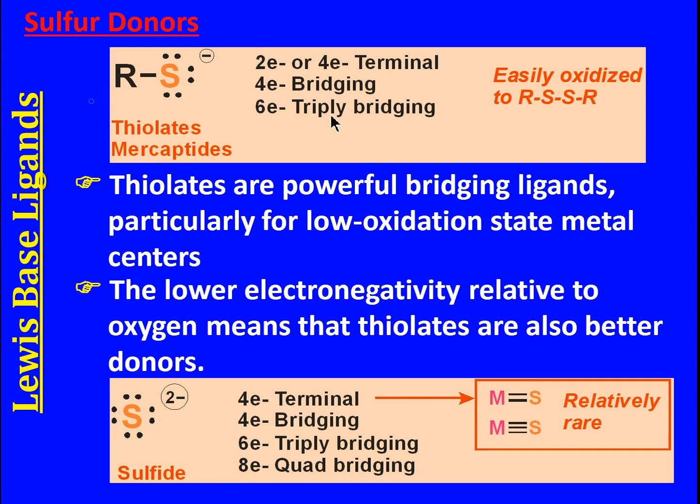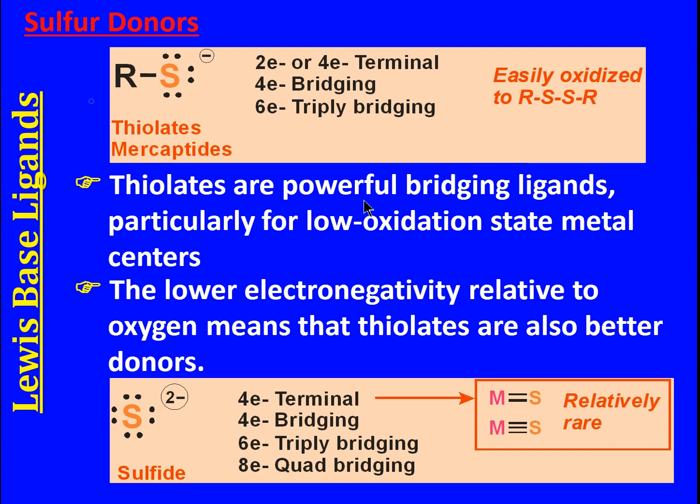And in rare cases, it can be triply bridging, a 6 electron donor. RS- are highly reactive, so they are easily oxidized to form RSSR.